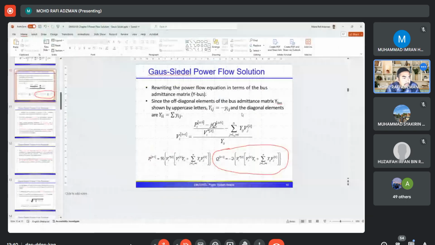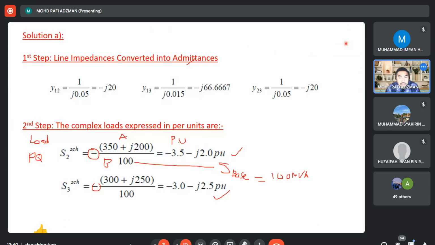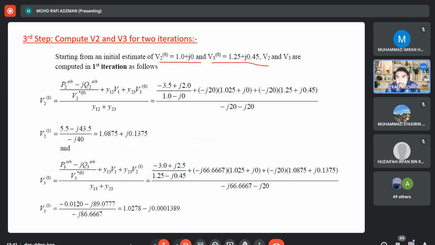So we only provide you this equation, and you need to solve for what is V12, for instance. So you need to know how to produce these equations.